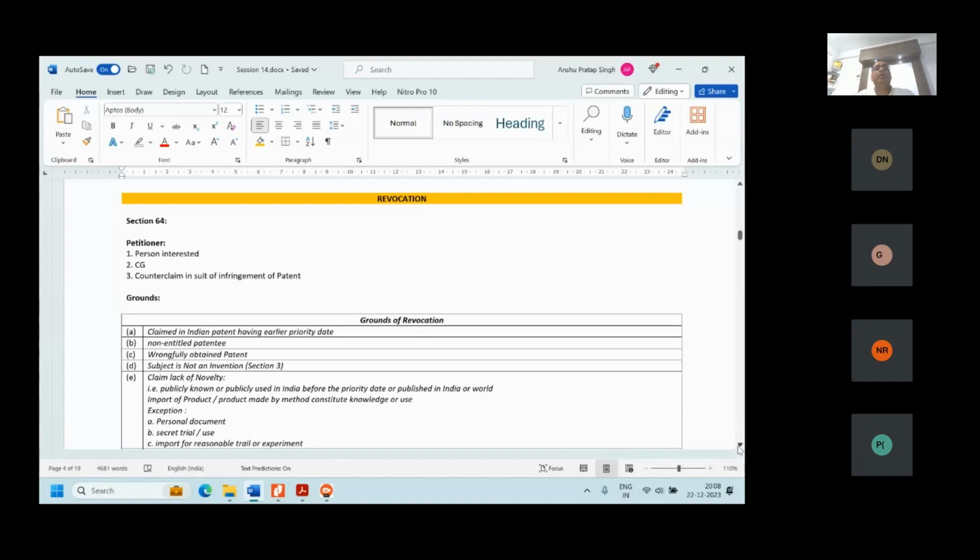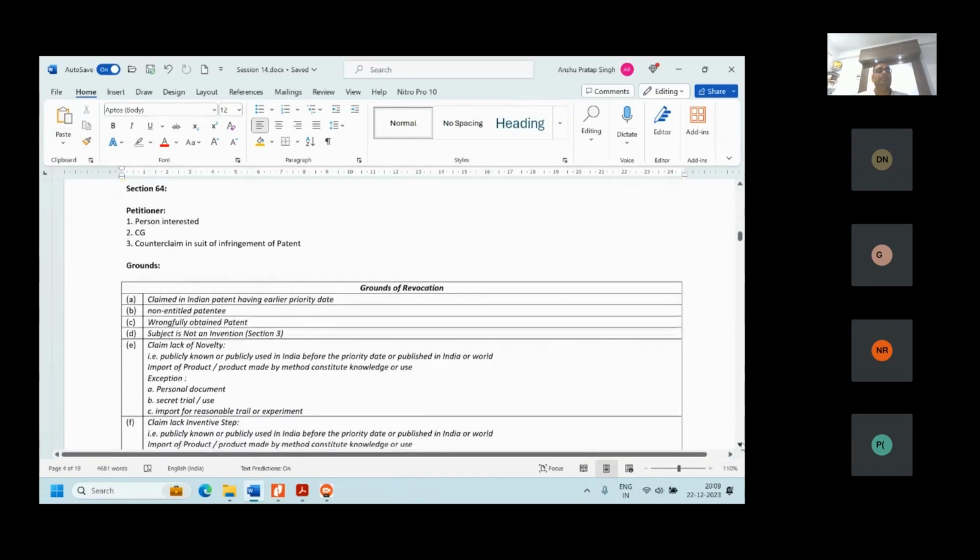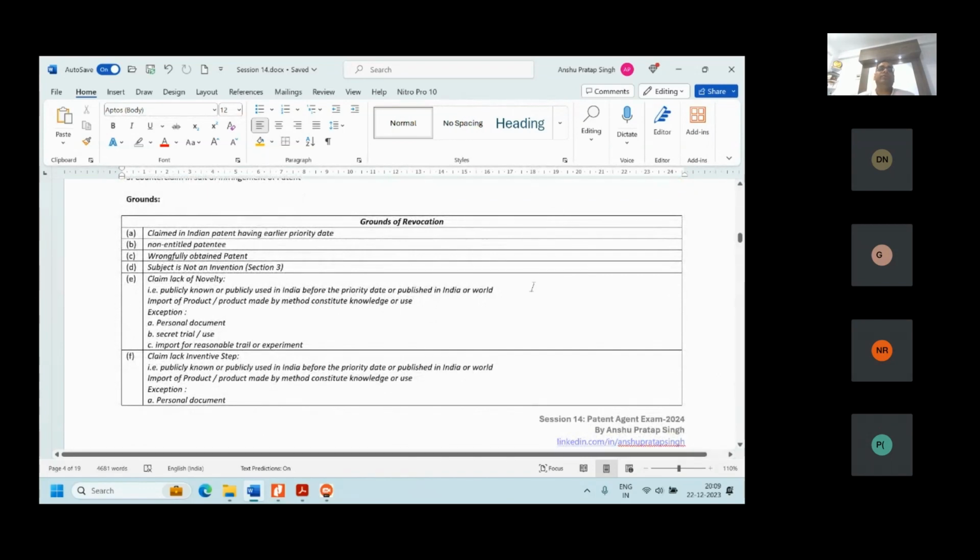Now come the grounds of revocation. As we have discussed earlier, everything which the Act prescribes and has not been followed is a ground of revocation.